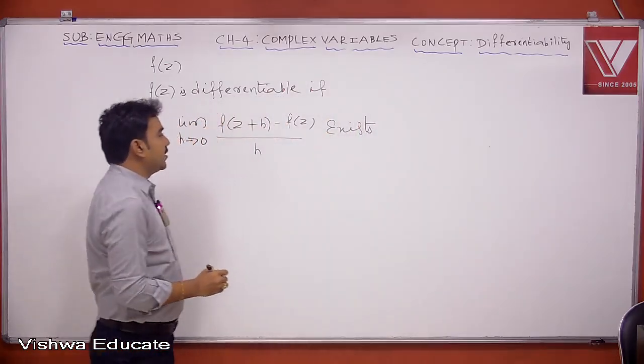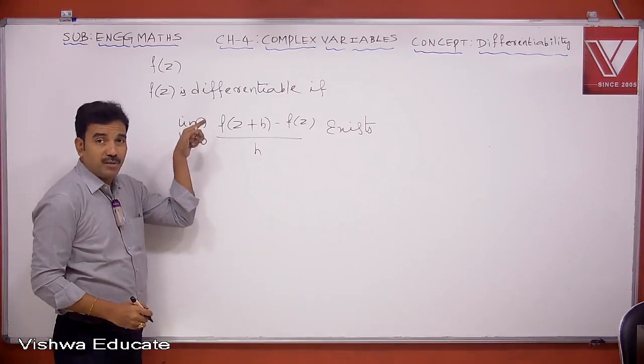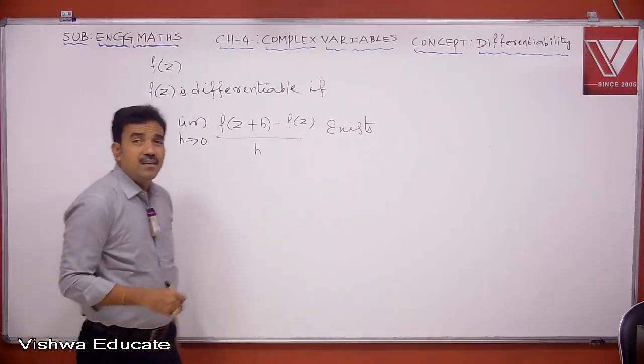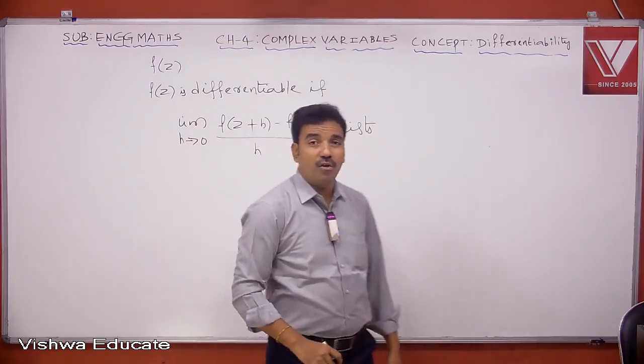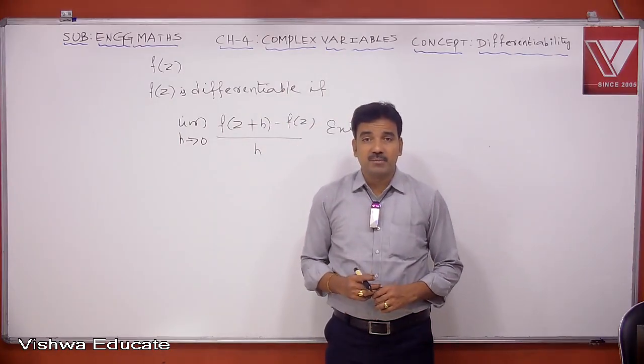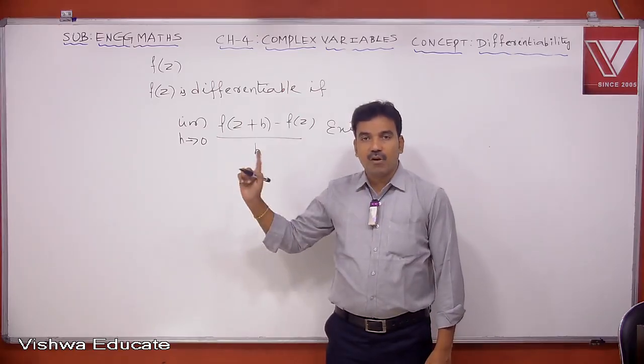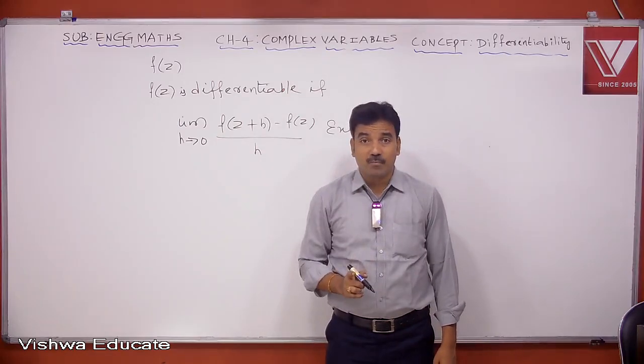Whenever this limit is a valid limit, then we say that the function f of z is differentiable. See, here we were discussing differentiability of a function at a general point z. I am not discussing its derivative at a particular point. I am discussing derivative of a complex valued function at a general point.